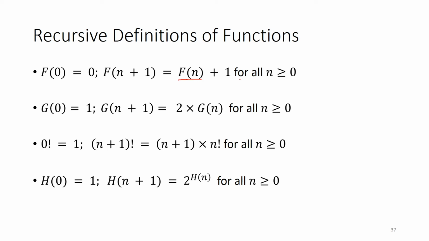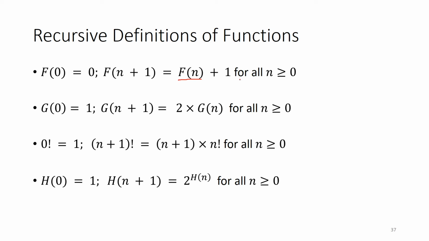And next, g is different. It starts from 1, and g of n plus 1 is 2 times g of n. That means the next result will be the multiplication of 2 with the previous step.